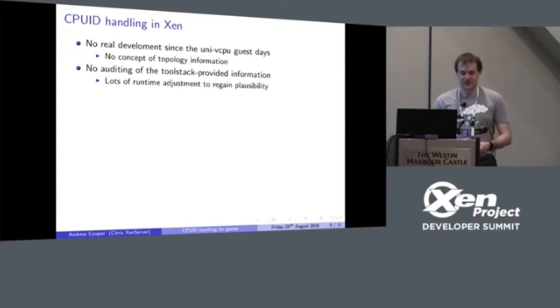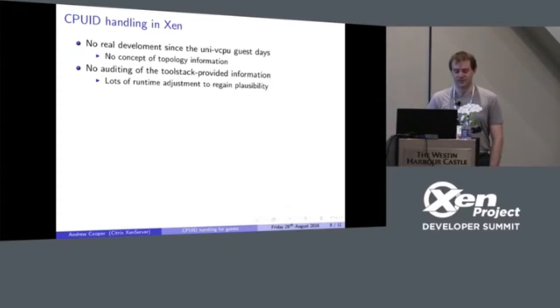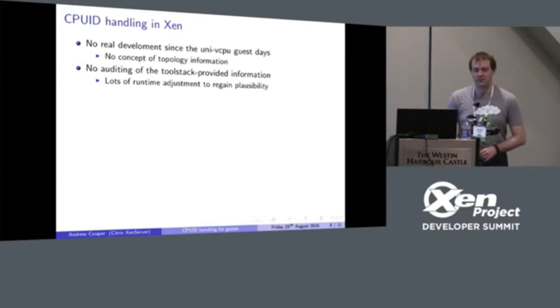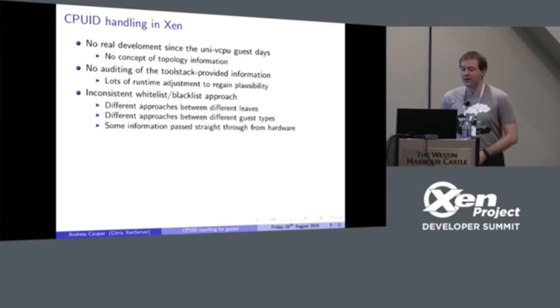The tool stack says, here are some bits, and it puts bits in an array and goes and tries advertising those to the guest. But then the problem is Xen comes along later and says, actually, that doesn't look quite right. Here, let's change that and tweak that, and does a lot of runtime post-processing to make some completely unaudited tool stack information look at least somewhat reasonable.